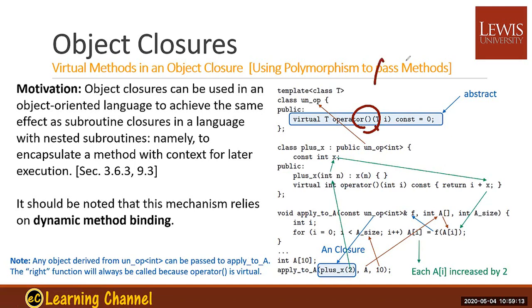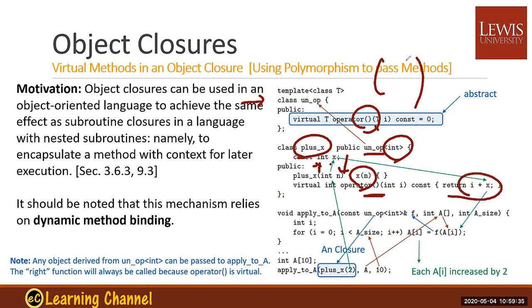It's actually a function call operator, a unary operator with an integer. This one is a constant integer, so that's a plus x function. You have the input here, you set x to n as well, and the operator will perform this for you. So effectively, this is the same as the Java plus x. Is that okay?